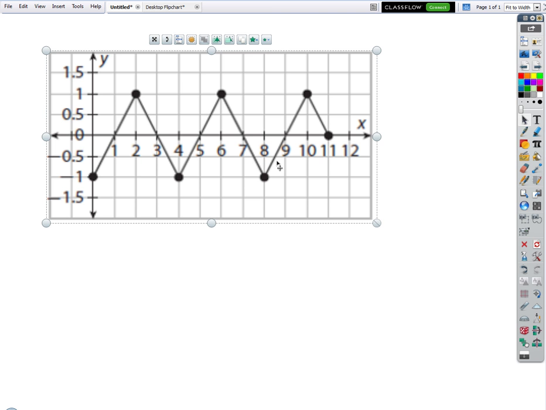So what's different about, say, that point and that point? Is there an attribute of the graph that's different? What do you think, Kristen? One, the y value is positive, and one, the y value is negative. Okay, good. So one, the function has a positive value, and the other one, the function has a negative value.